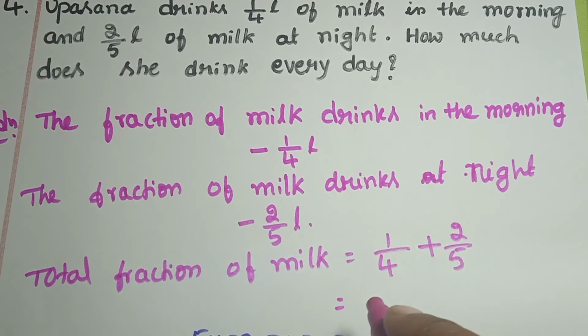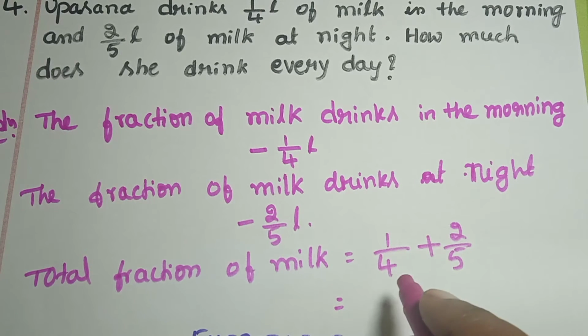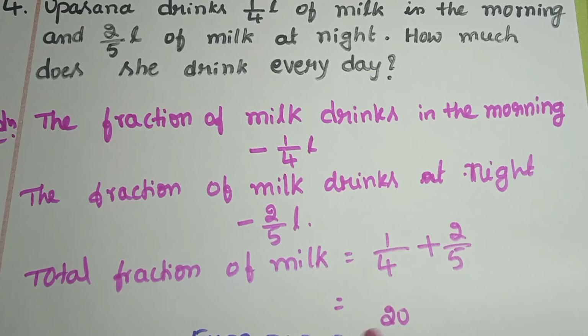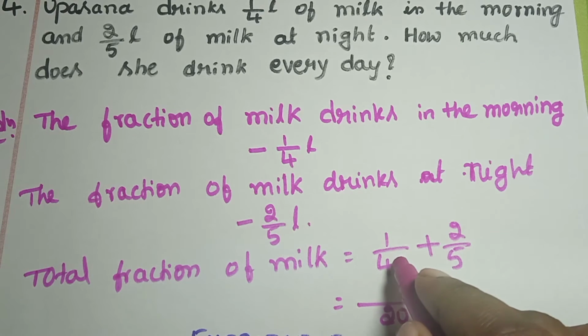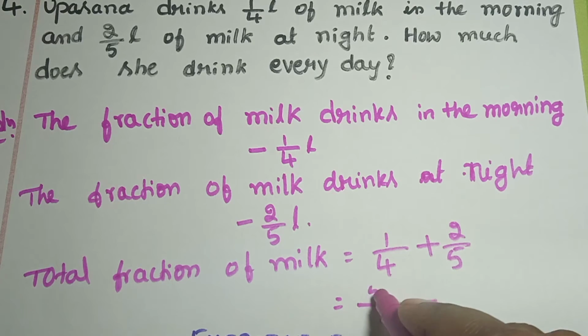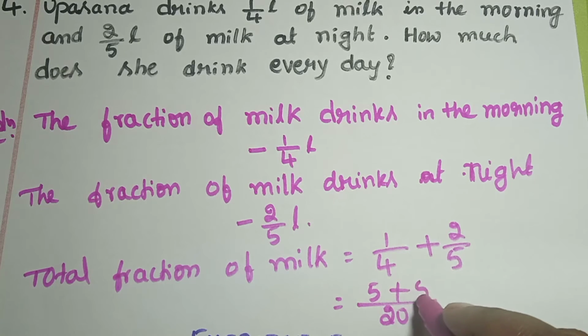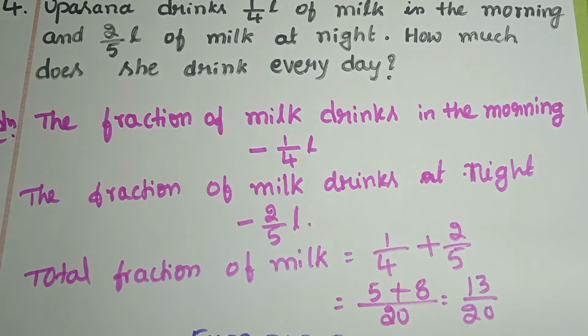That's why we should multiply both these 4 and 5. 4 5s are 20. 20 is an LCM. Here, how to add this one? 5 4s are 20, 4 2s are 8. 5 plus 8, that is equal to 13 by 20. 13 by 20 liter.